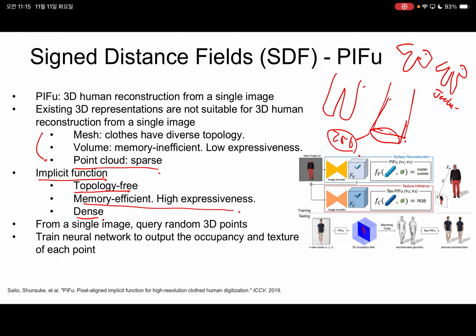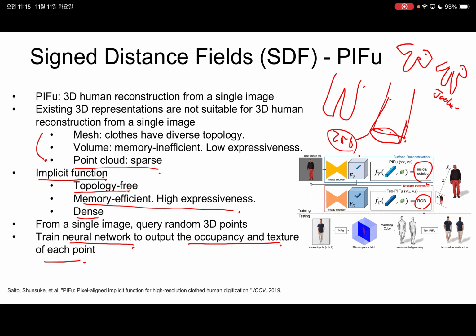So from a single image, it queries random 3D points, assuming the human is in some canonical space. It queries random points, and then trains the neural network to output the occupancy and texture of each point, that is, inside or outside, and RGB.